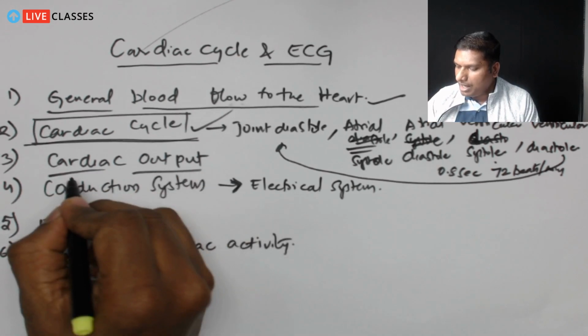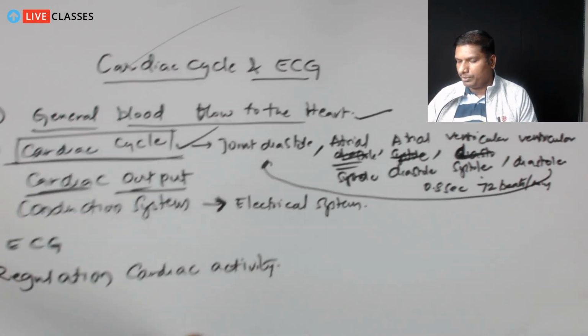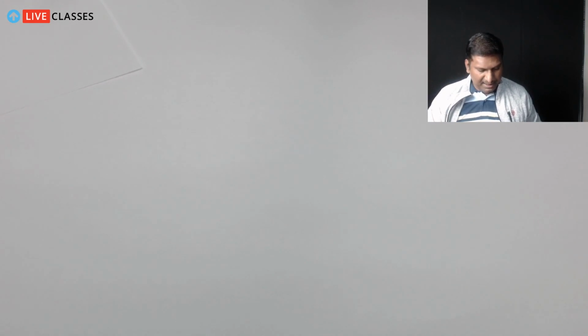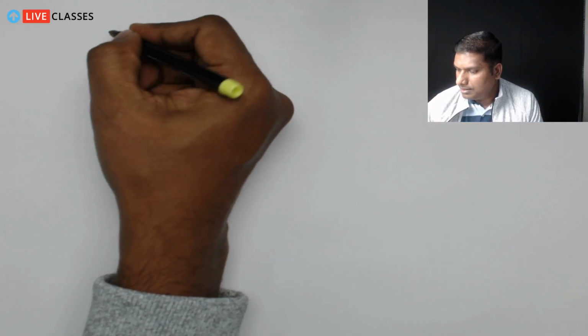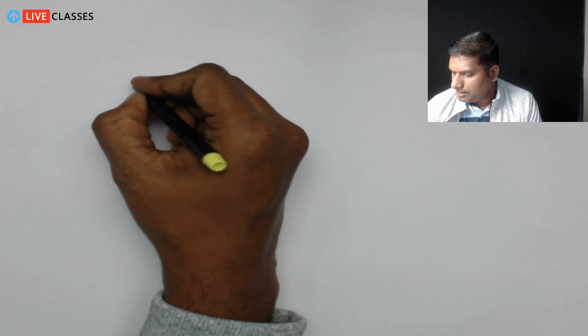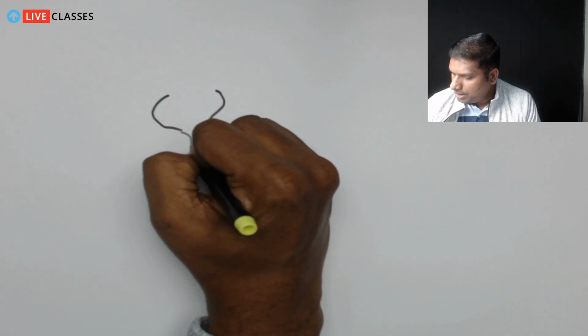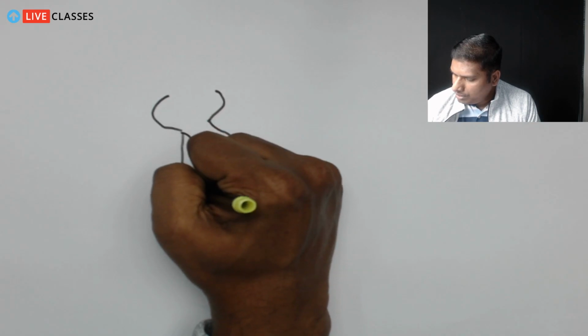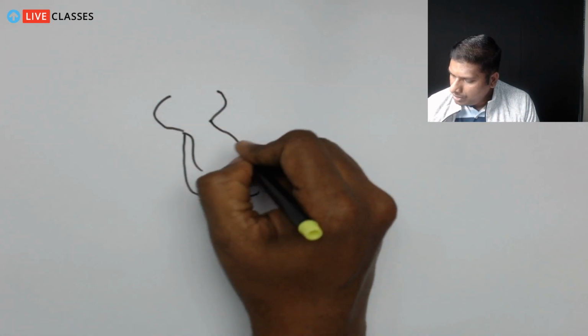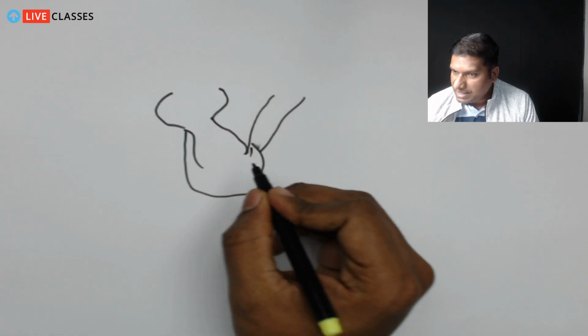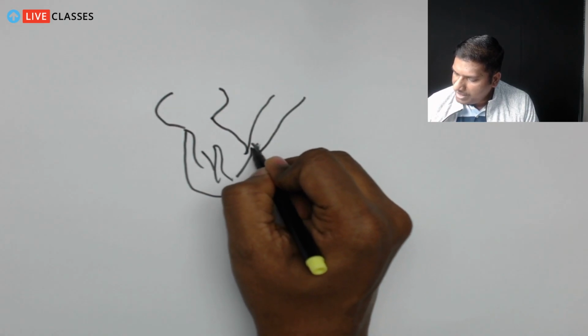Now, what is cardiac output? So if you look at this, we have already seen you have your atrium here, and it opens into the ventricle. From the ventricle, the blood is pumped.